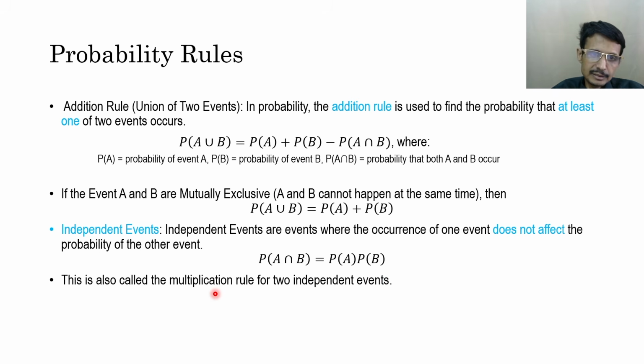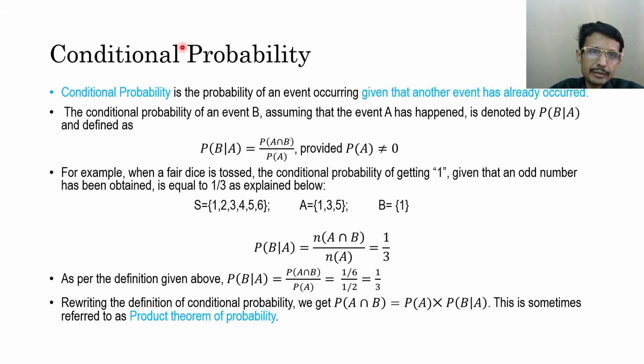Next comes another very important concept called conditional probability. Conditional probability is the probability of an event occurring given that another event has already occurred. The conditional probability of an event B, assuming that event A has happened, is denoted by P of B given A. Knowing that event A has already occurred, what is the probability of B occurring?